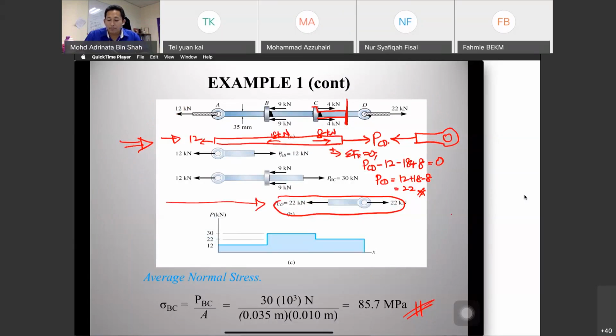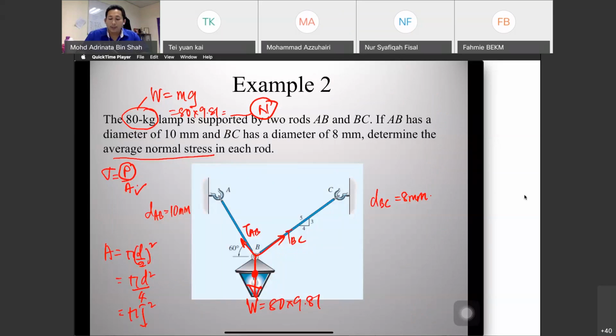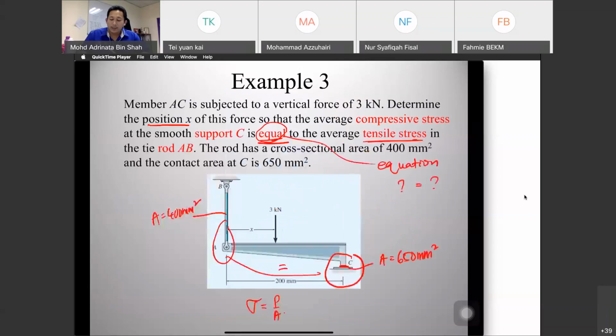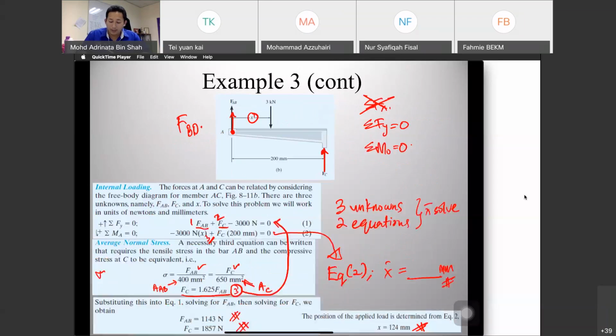Then you calculate your normal stress in this example, and you get your normal stress of rod AB and BC, in megapascal. Next, you calculate FAB. Actually, you can calculate the sigma here. You get your FAB, FAB is 1143.